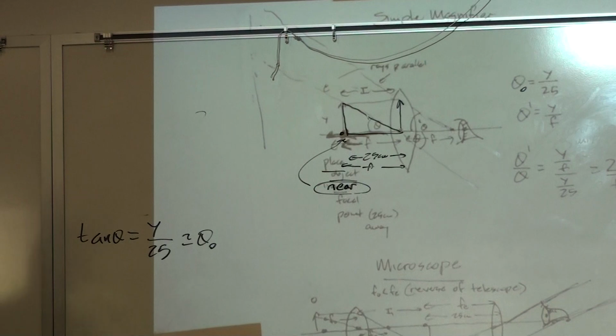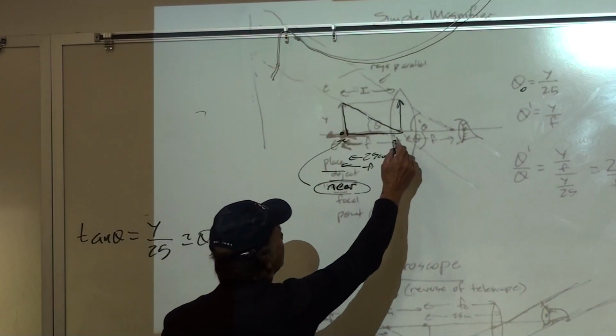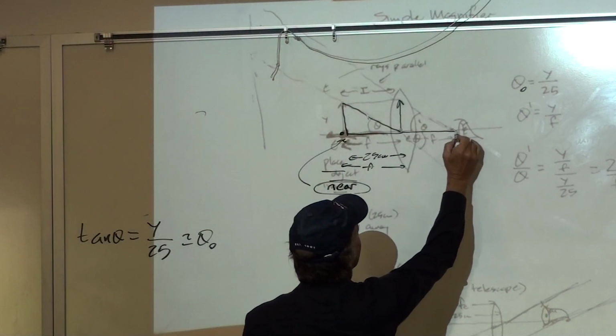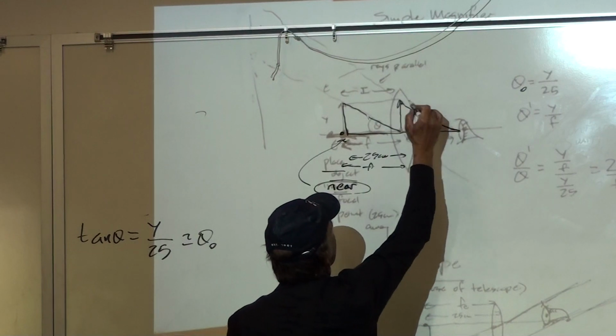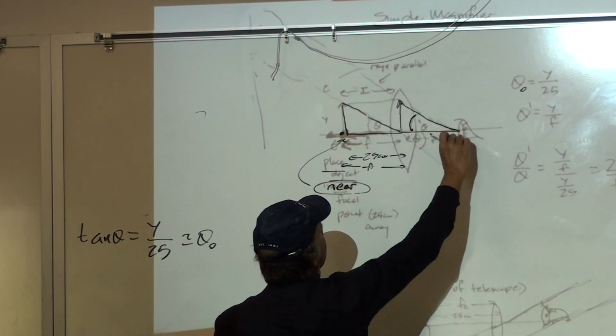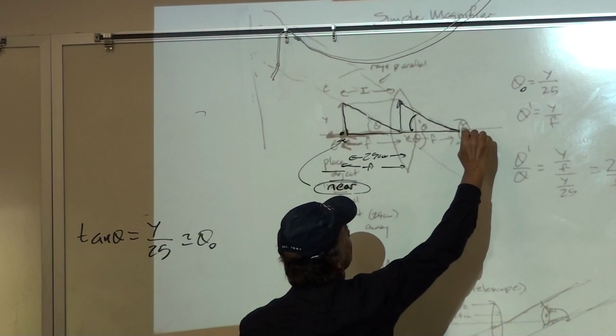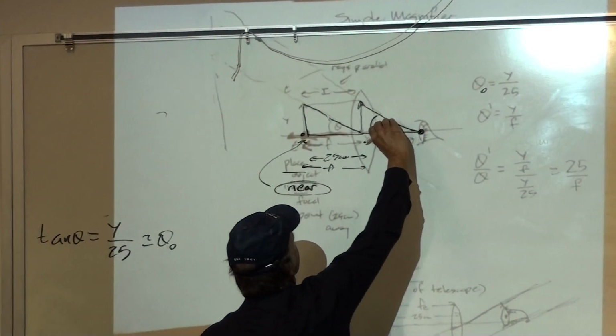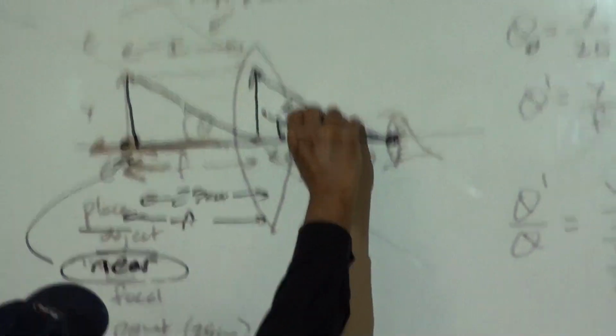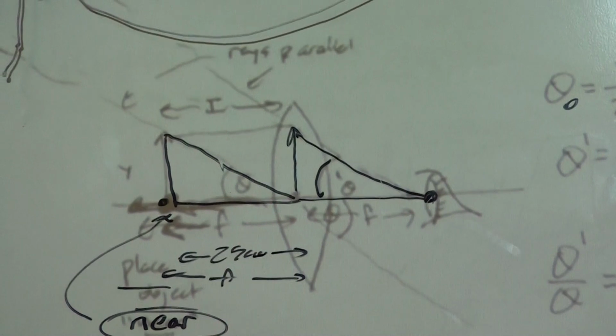Okay, and so then when we want to do theta prime, we can look at this triangle here. And this triangle is, here's your eye looking at it. And so it's expanding the light out through a bigger angle.